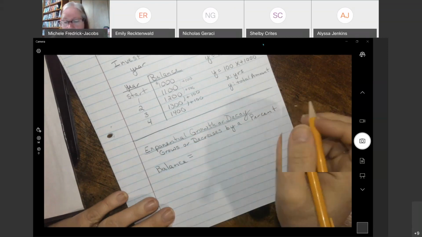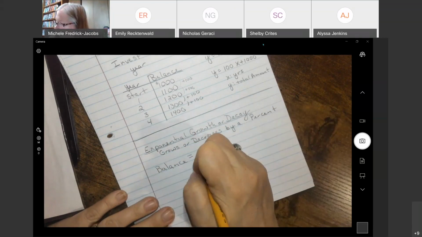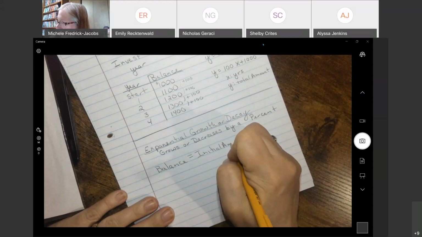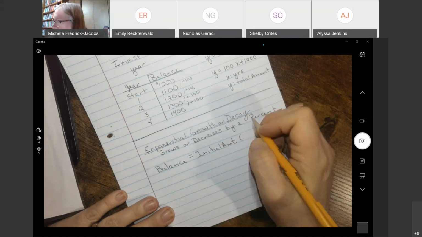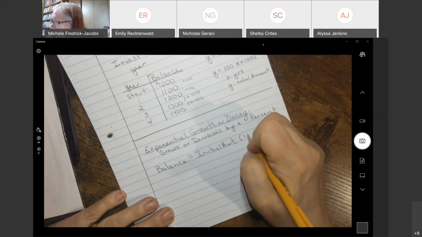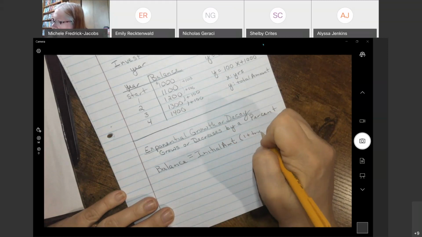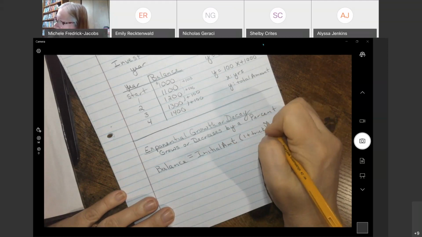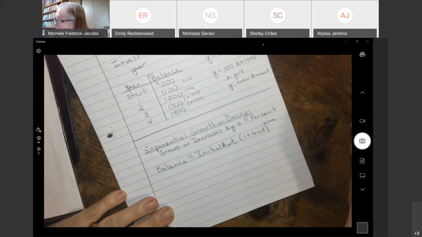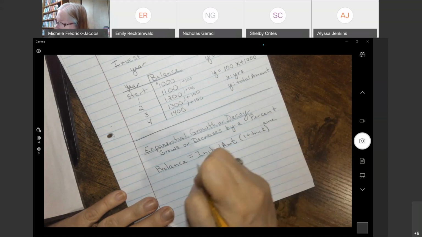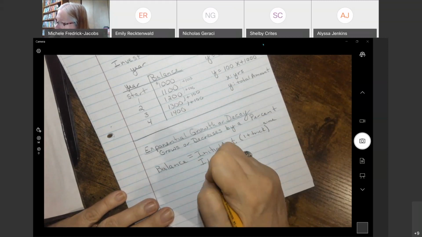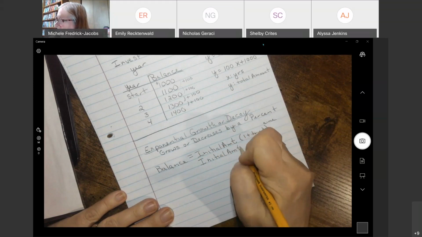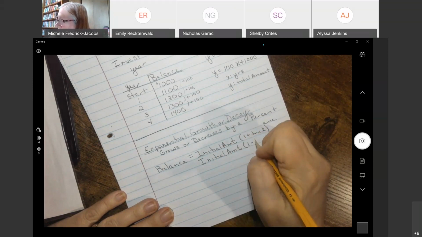So the balance would be the initial amount times 1 plus trick, if it's an increase, or if it's a decrease, use the 1 minus trick.